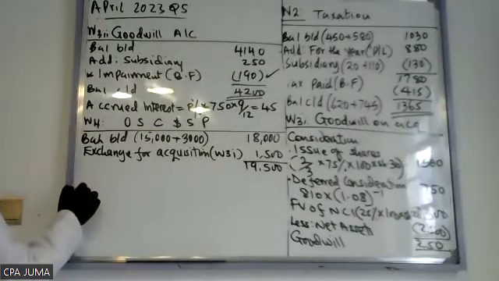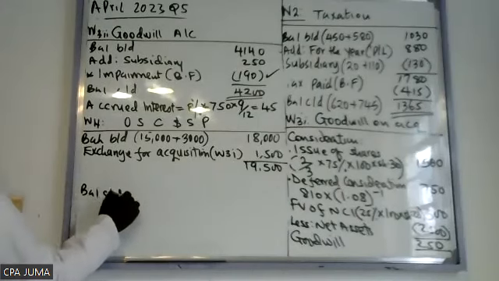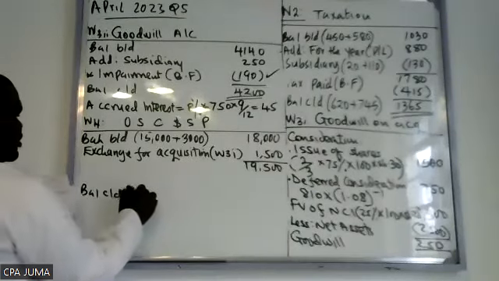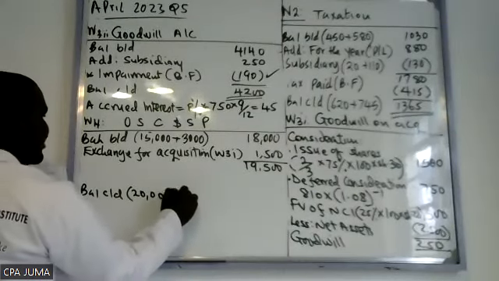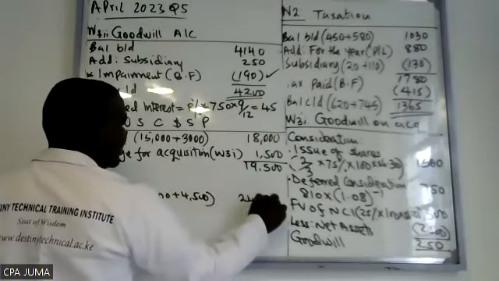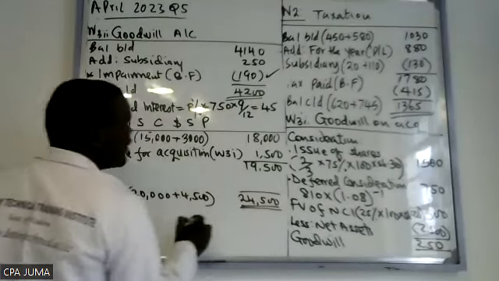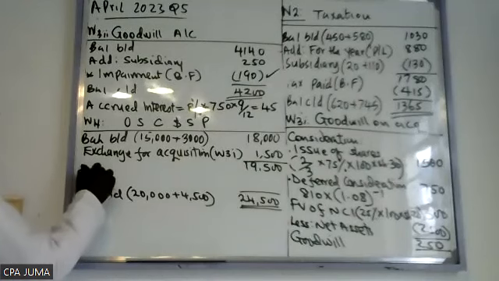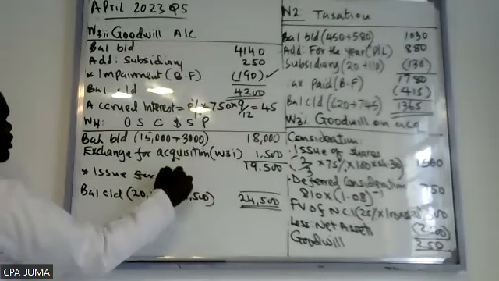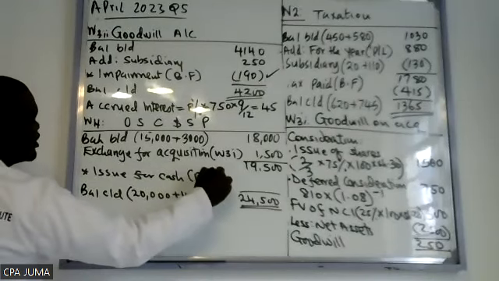Skip 1 line. Balance carried down, add is 20 plus 45. That is 24,500. So these people gave out shares for cash. So issue for cash is your balancing figure. How much is that?